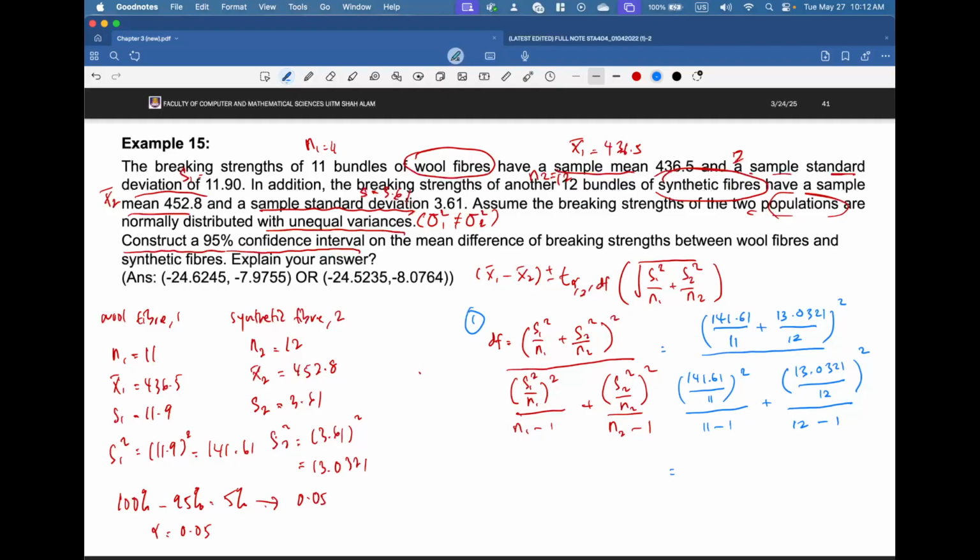The numerator gives 193.3265, and the denominator gives 165.73 over 10 plus 13.0321 over 12 squared over 11.